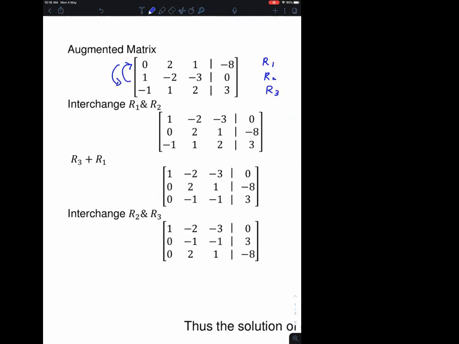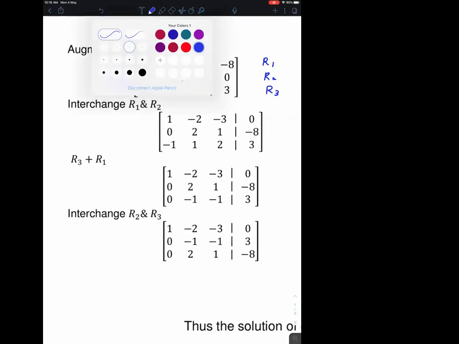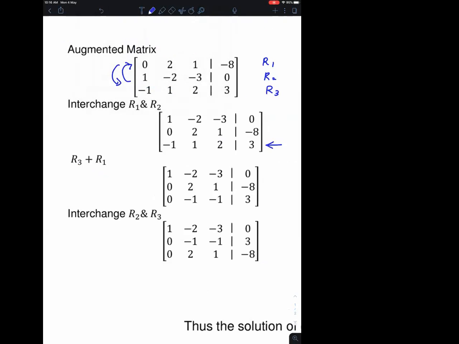Look here, row 3, and then this is row 1. Row 3 is minus 1, 1, 2, 3.